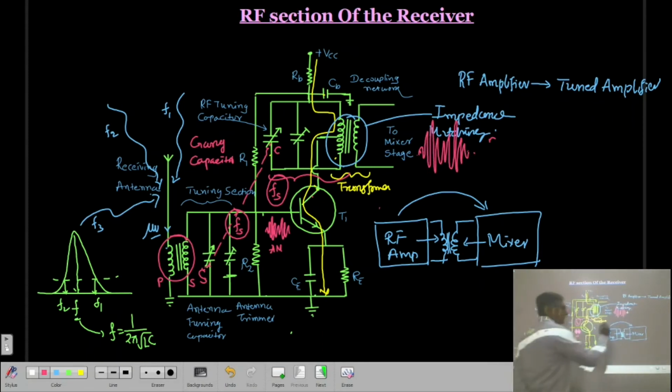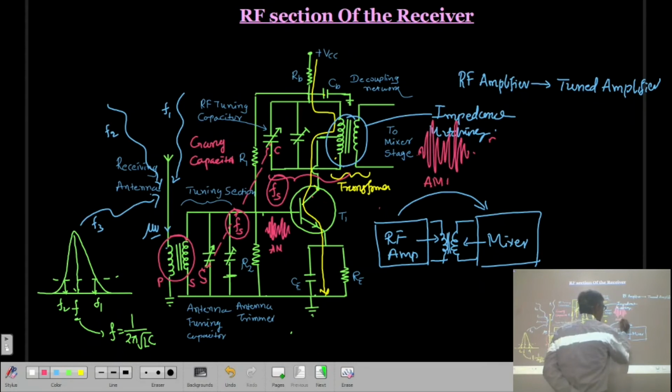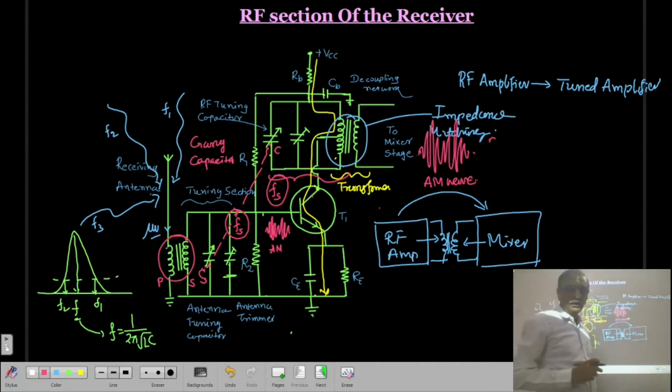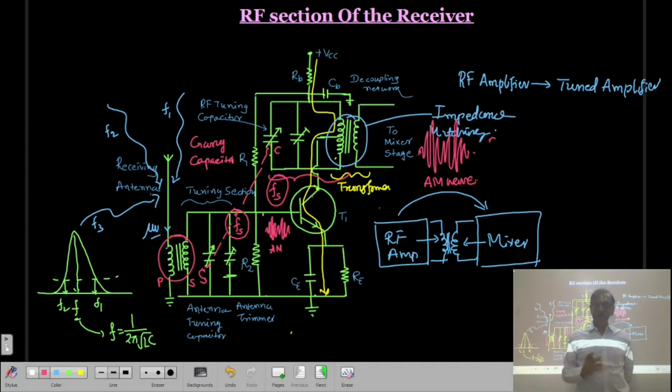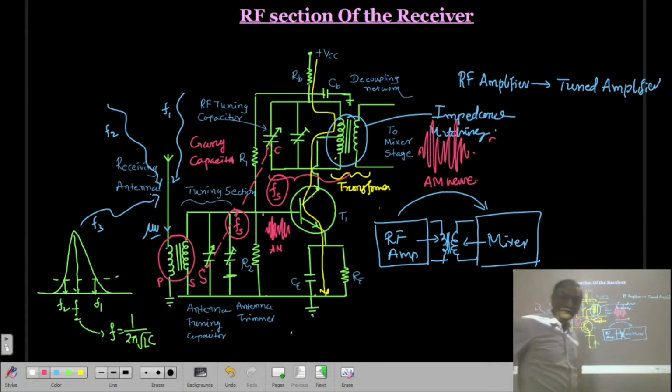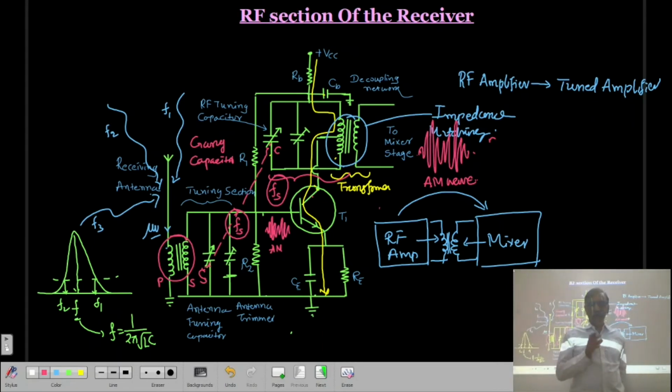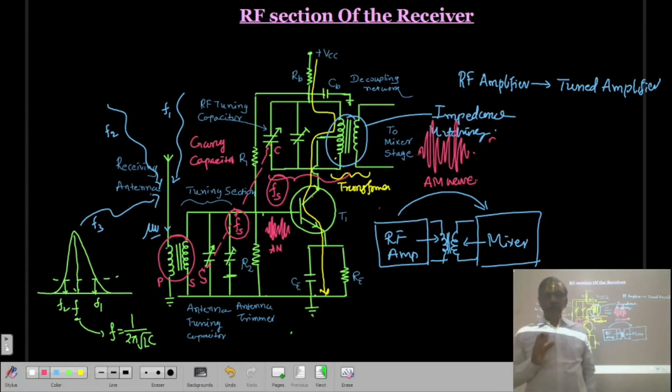Whatever the amplitude is, it depends on the quality factor of your input tuning section and the output section also. Remember, okay? So in this way, if we use an RF amplifier in the radio, it will increase the gain and it will increase the sensitivity as well as the selectivity of the radio.